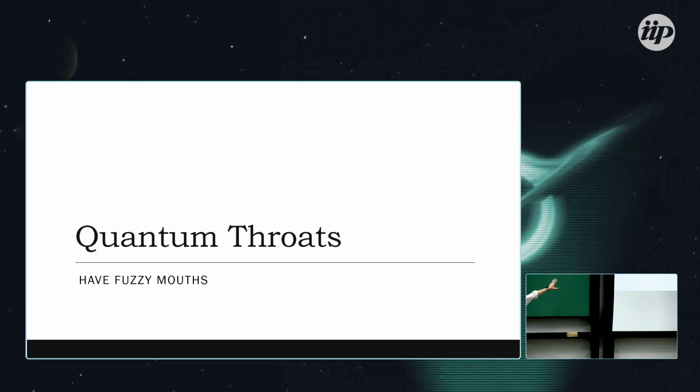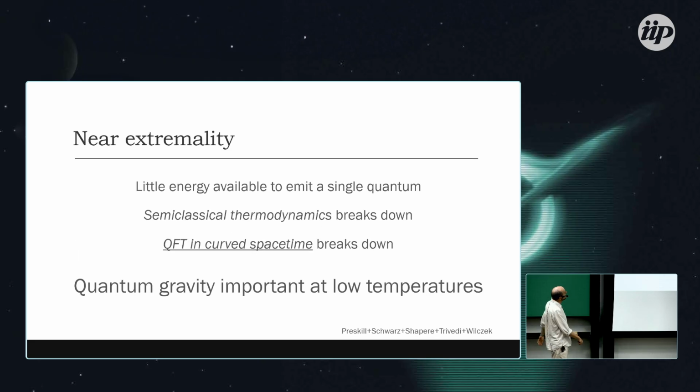Let me now go back to these properties of the quantum throats. This idea that black holes close to extremality should behave differently than semiclassical physics tells us is fairly old. It was first identified in a paper in the late 80s by a group of people who realized that when the black hole is close enough to extremality, it has so little energy above extremality that it doesn't have even enough energy to emit a single quantum of Hawking radiation.